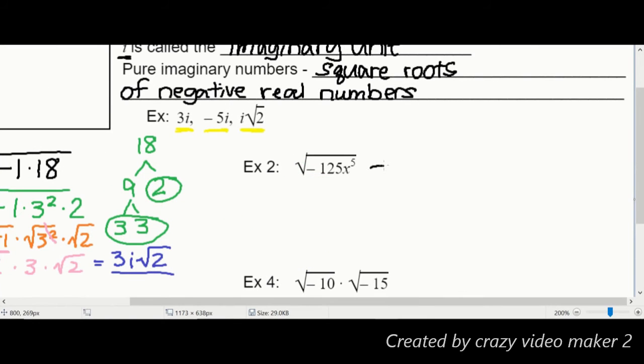So this is like saying, okay, we have the square root of a negative number. We know that negative number can be written as -1 times 125 times x to the 5th.